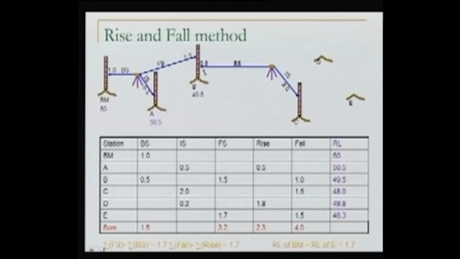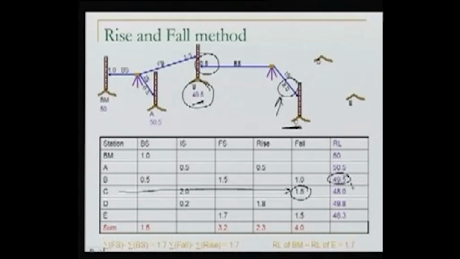Again at this point I can compare, because I know already the RL of B, by taking this backsight and this intermediate sight, whether C is higher or lower than B. Because the reading is more, C is definitely lower. So C has a fall of 1.5 meter from B. What I can do now, we already knew the RL of B, I can find the RL of C. So this minus the fall is the RL of C.